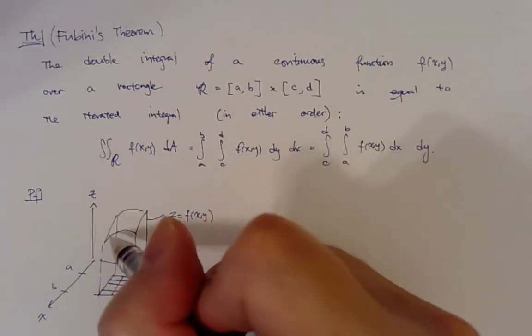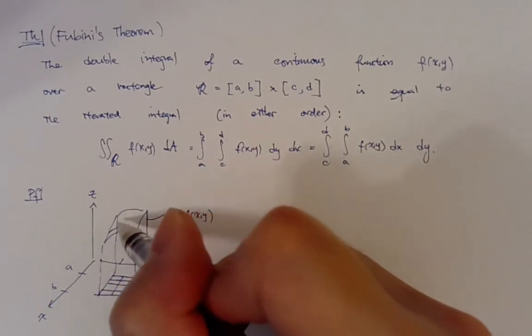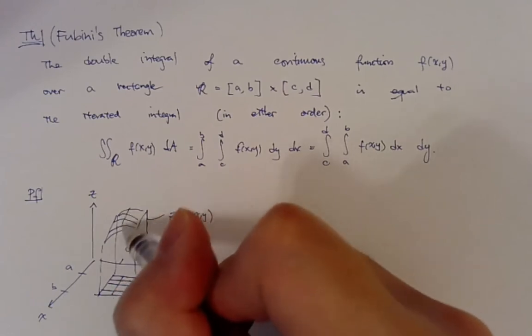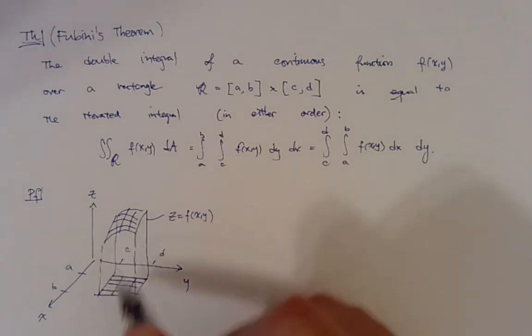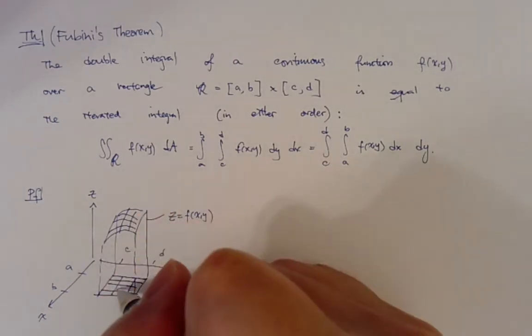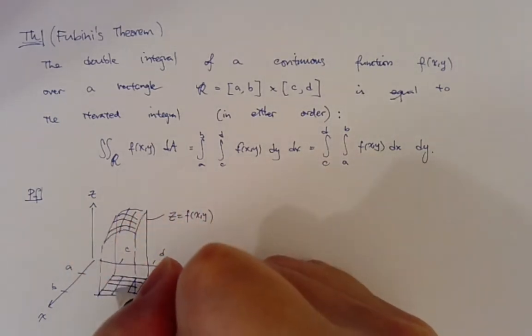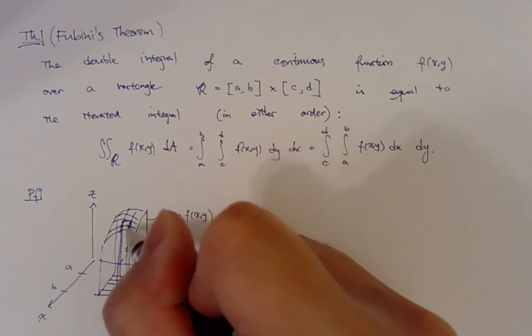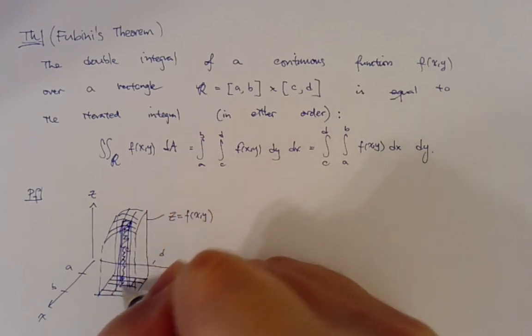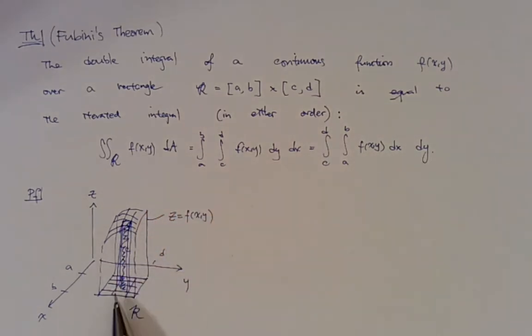And that's also subdivided according to the same subdivision from below. Over each rectangle, we get a rectangular box.